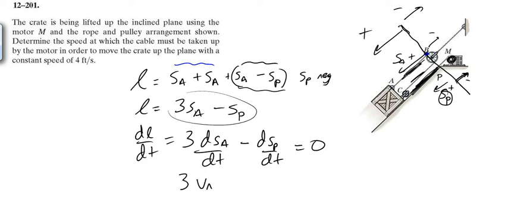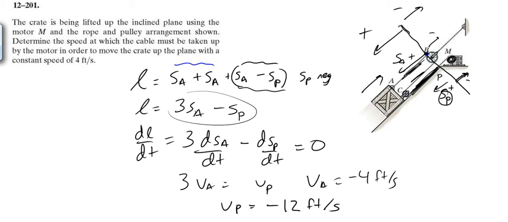So 3 VA equals VP. And now VA is in this direction, so it's equal to minus 4 feet per second. So 3 VA is going to be VP, which is equal to minus 12 feet per second.